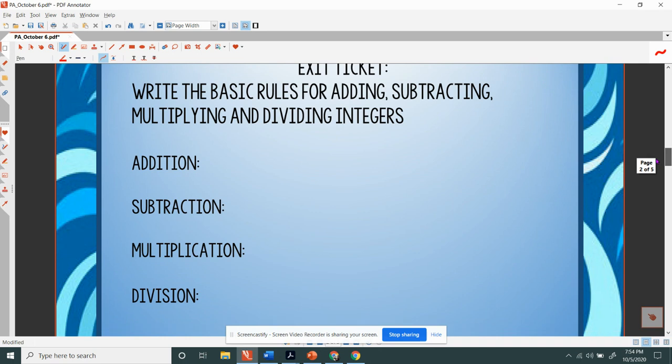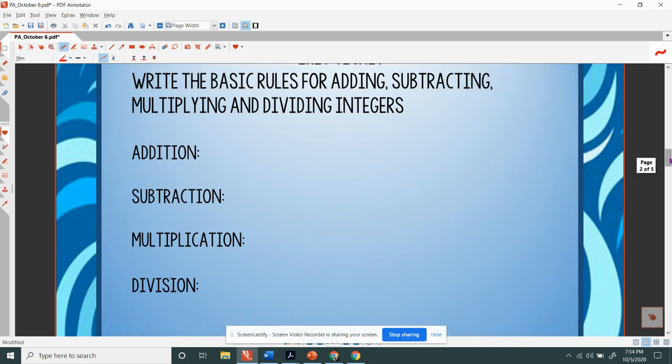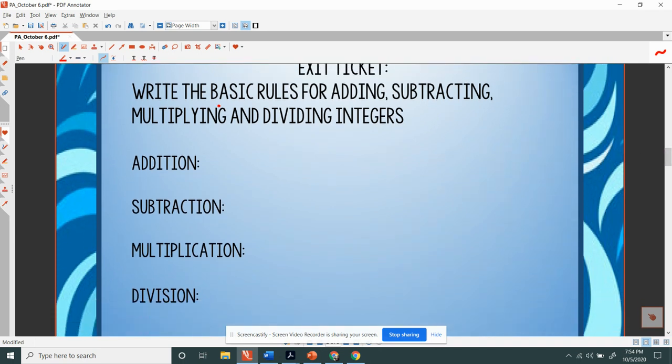After our lesson, our exit ticket, similar to yesterday, we're going to write the basic rules for adding, subtracting, multiplying, and dividing integers. Integers, as you recall, are those positive and negative numbers, but do not include fractions and decimals.